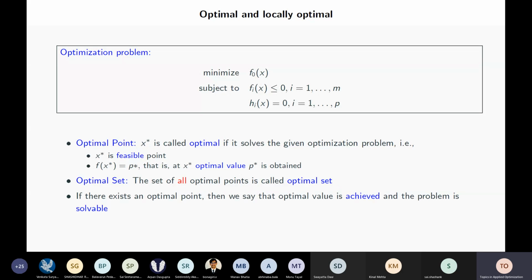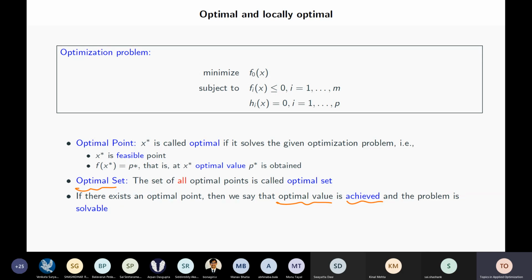If there exists an optimal point, then we say that the optimal value is achieved and the problem is solvable. So if there is at least one point in the optimal set, then the optimal value is achieved and the problem is called solvable. If my optimal set is empty, not even a single point is there, then I have not got any optimal point.